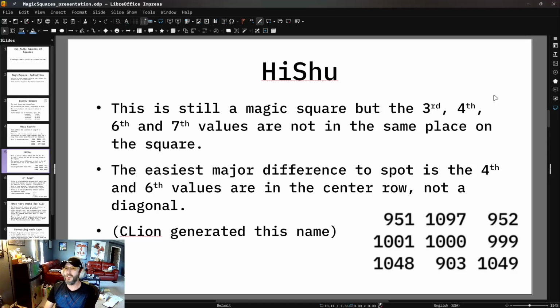Right, this is still a magic square, but the third, fourth, sixth, and seventh values are not in the same place on the square. I believe the fourth and sixth values go across the center here. These are the two values closest to the center value, just a little bit outside.